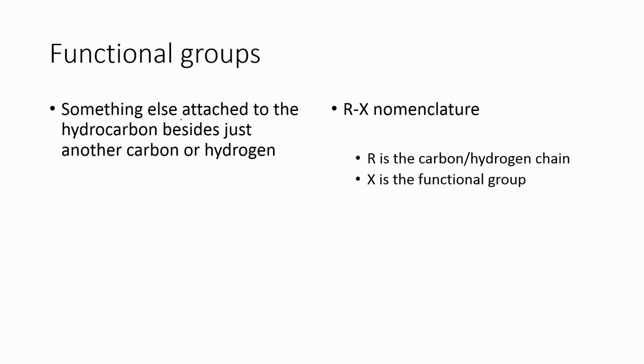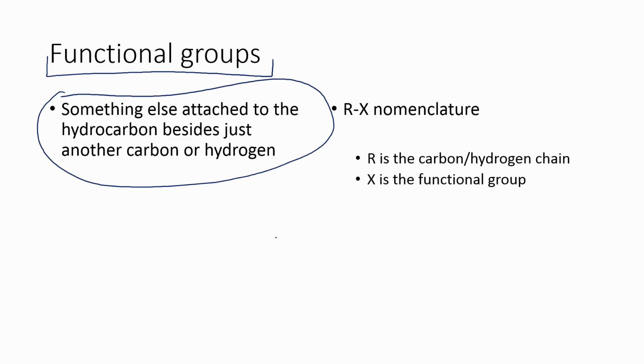We also have something called functional groups. So once we start adding oxygens or sulfurs or nitrogens or that sort of thing, we're adding something else to the hydrocarbon, this carbon and hydrogen long chain. And the way we refer to that to talk about these functional groups is with this RX nomenclature. The R will actually take the place of all of the carbon chain.